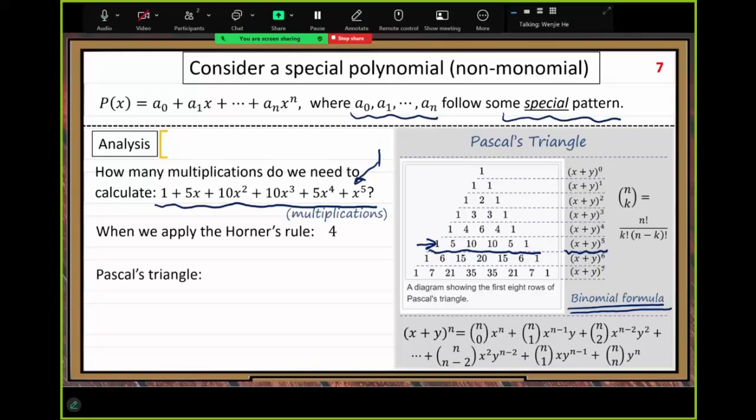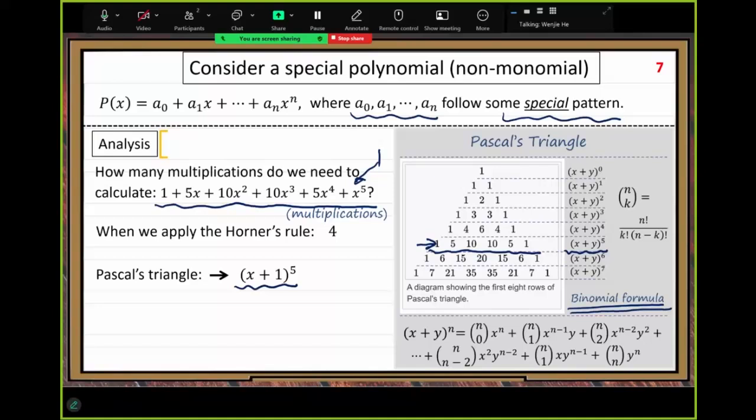Because we identify this polynomial corresponds to one row in Pascal's triangle, this polynomial can be represented as parenthesis x plus 1 to the fifth. Now, you tell me, to calculate x plus 1 to the fifth, how many multiplications do you need? Ignore addition, only look at the multiplication.